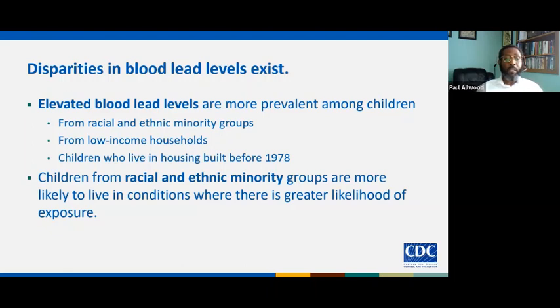Lead poisoning disproportionately impacts kids from racial and ethnic minority groups and those living in poverty. In addition, the effects of lead poisoning, such as learning and behavioral problems, will perpetuate inequities and disparities in health, wealth, and academic attainment.